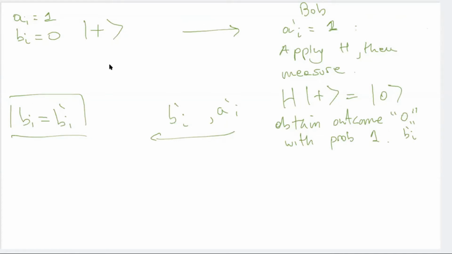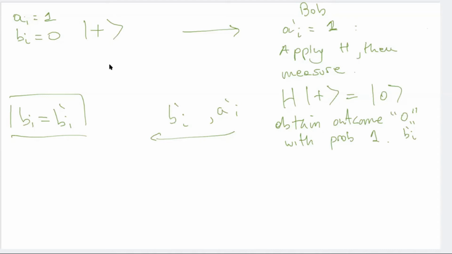When they compare their outcomes there, they expect the outcomes to be the same, because the choice of basis was the same. If the outcomes are not all the same, they know that something has gone wrong, that the eavesdropper has tampered with something. On the other hand, if the outcomes they compare are all the same, then they're confident that nobody has tampered with their qubits as they were being sent from Alice to Bob.